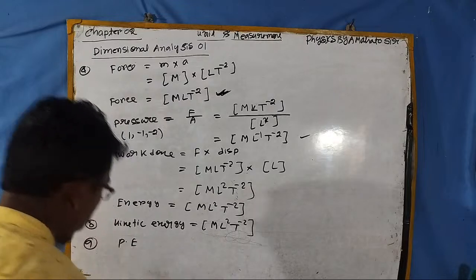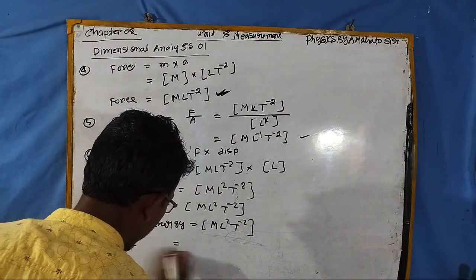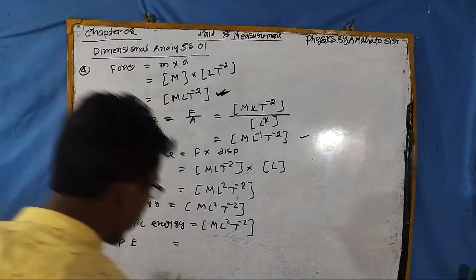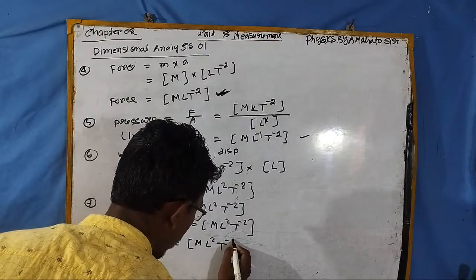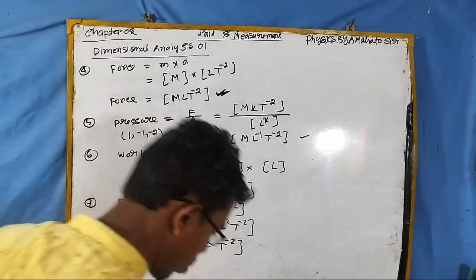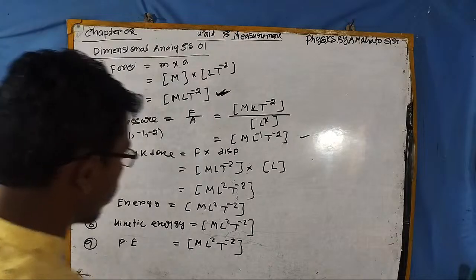Potential energy dimension is also ML^2T^-2. Then now completely erase.